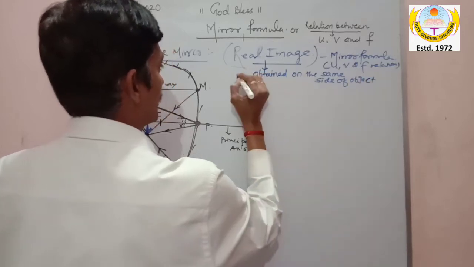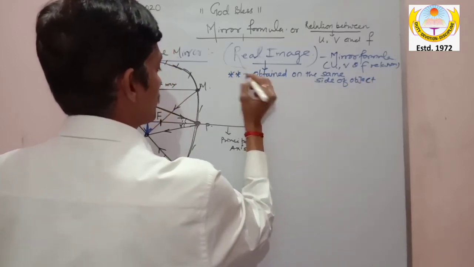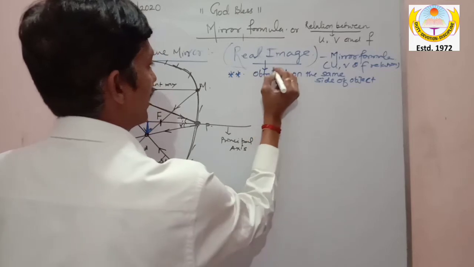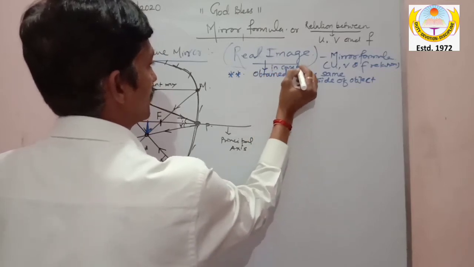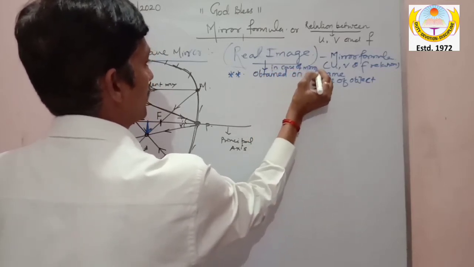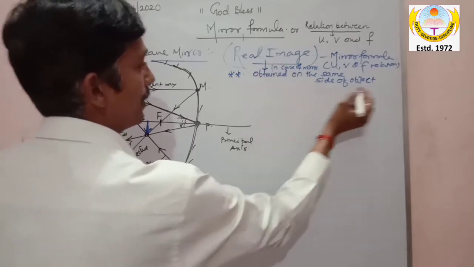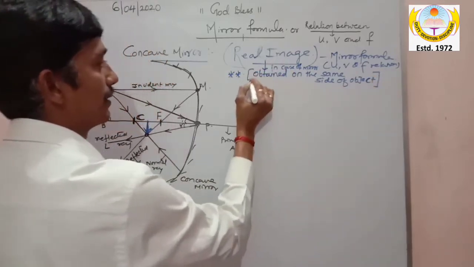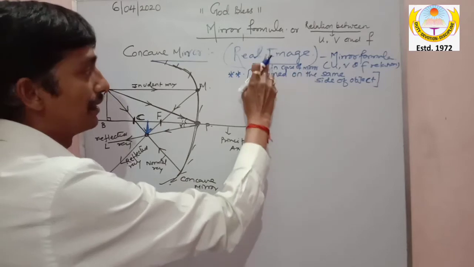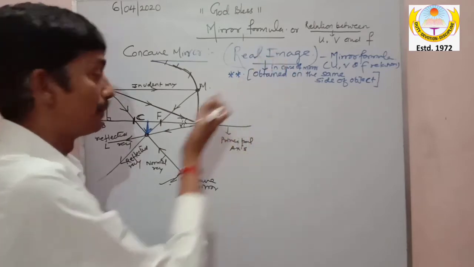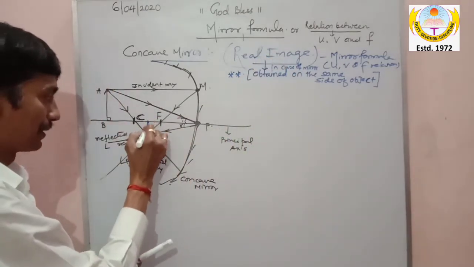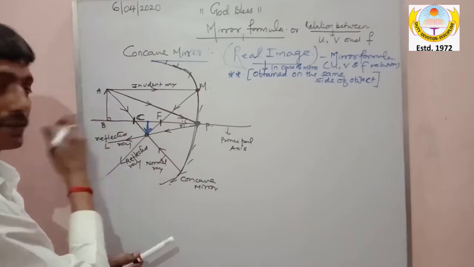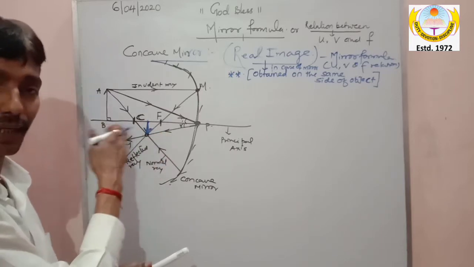Please take care of this line. In case of a mirror, the real image is obtained on the same side of the object. The image which I am obtaining is on the same side. Where the object is, on the same side I am getting it.